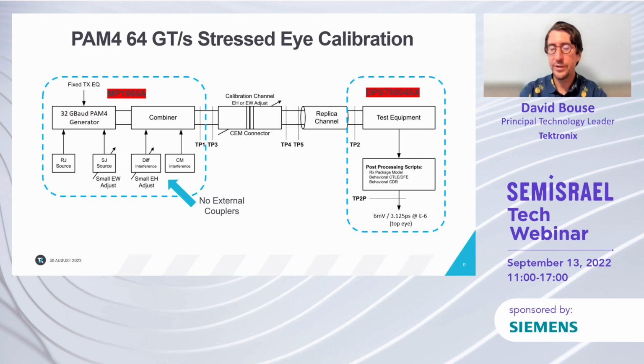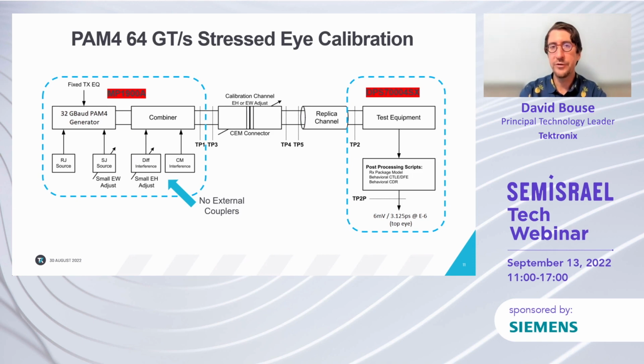At TP2, that gets us to a real-time scope. And within the real-time scope, we're capturing either a step response if we're using a simulation method, or a waveform if we're using a waveform-based method. And then we're applying receiver equalization, doing clock recovery. And then we're also embedding the package as well, whether that be root complex or a non-root complex for endpoint.